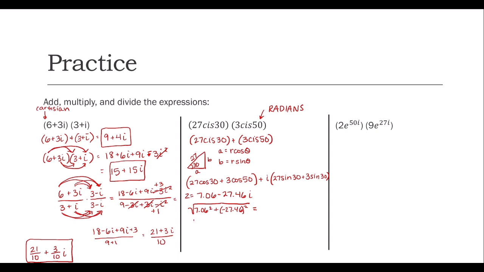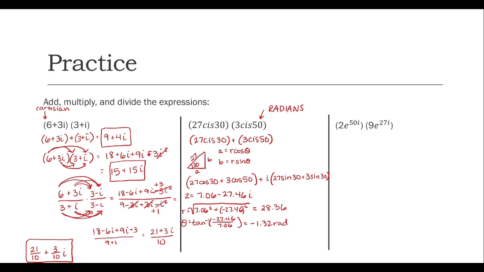And then our angle will be our inverse tangent of our B value over our A value. So our radius will be 28.36, and our angle is going to be negative 1.32 radians.